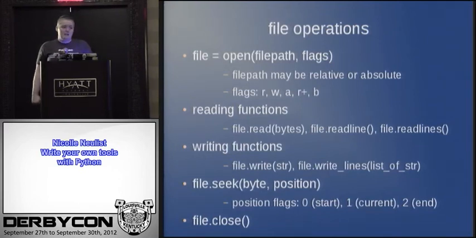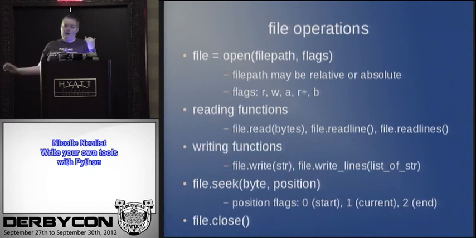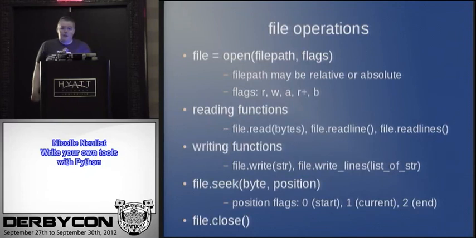And readlines pulls all of the lines in the file into a list, one list element per line, which is useful. I use readlines a lot. You've just got to be careful that you're not trying to pull an 8 gigabyte file with readlines when you only have 4 gigs of RAM. That's probably going to cause some problems.